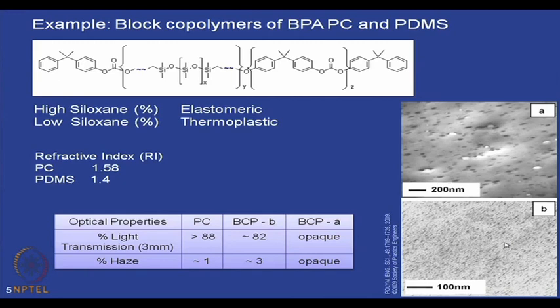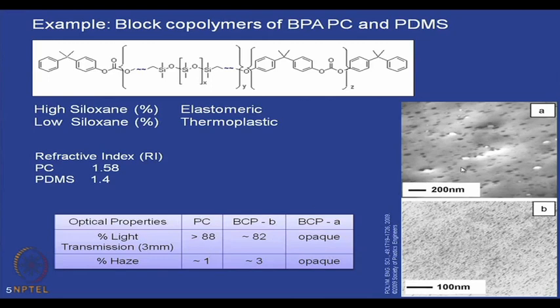So, the scatterer size is very small, and the transparency has come down because of scattering, but not that much. Haze has gone up, whereas when the scatterer size is much higher, then the polymer becomes completely opaque.